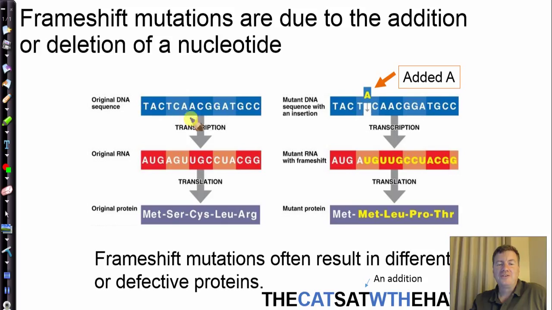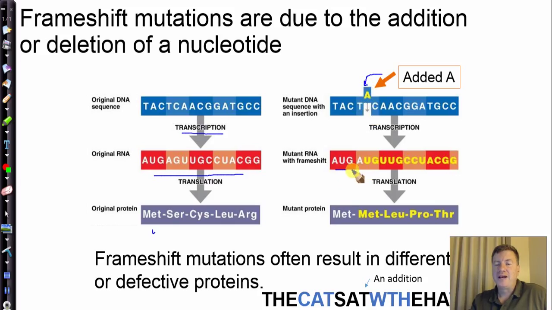So here's our DNA. It gets transcribed to this version of RNA, which gets translated to methionine, serine, cysteine, leucine, and arginine. Great. Okay, now because of either a mutagen or a spontaneous mutation, we insert an A. It gets put into the place here.